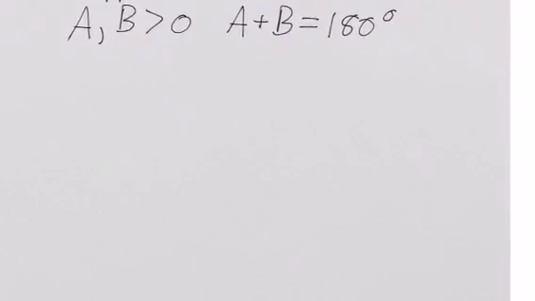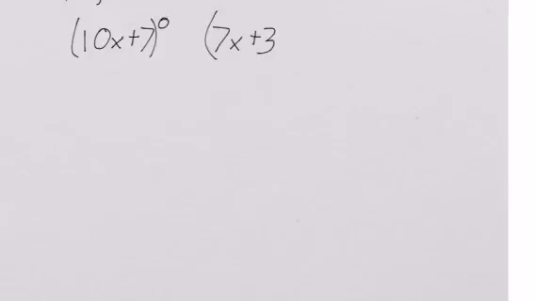So putting that in an example, I'm going to tell you that we have 2 angles, one of which is at 10x plus 7 degrees, and the other one is at 7x plus 3 degrees. And we want them to be supplementary, which I will just abbreviate SUPP.